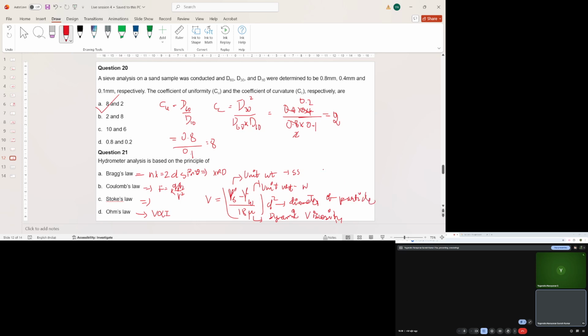This comes from the basic Stokes equation, where the force acting on the particle traveling with terminal velocity is 6 pi mu d velocity. Right. So this is Stokes law, on which hydrometer analysis is based. So the right option is option C.